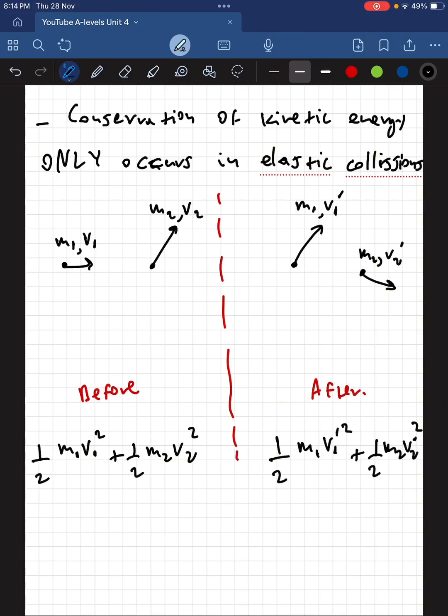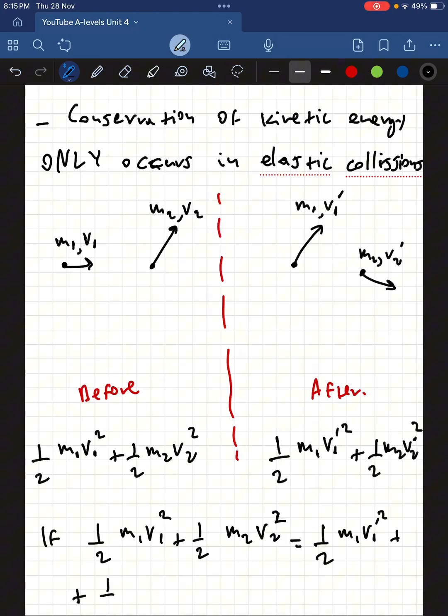So if we have kinetic energy conservation, this means we have an elastic collision: if 1/2 m1 v1 squared plus 1/2 m2 v2 squared is equal to 1/2 m1 v1 prime squared plus 1/2 m2 v2 prime squared, then the collision is elastic.